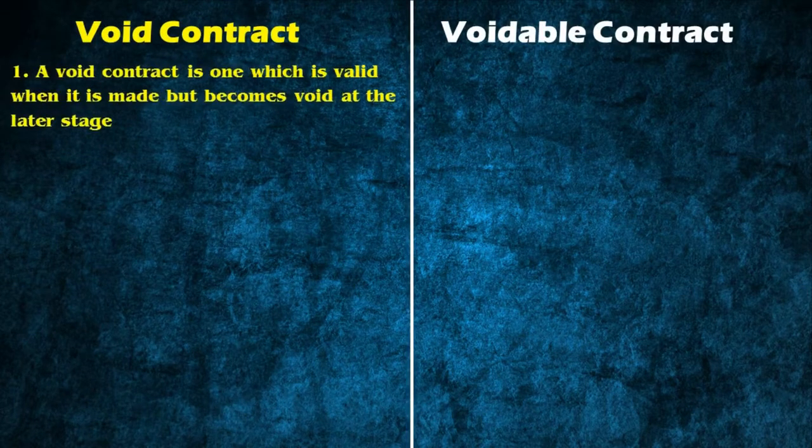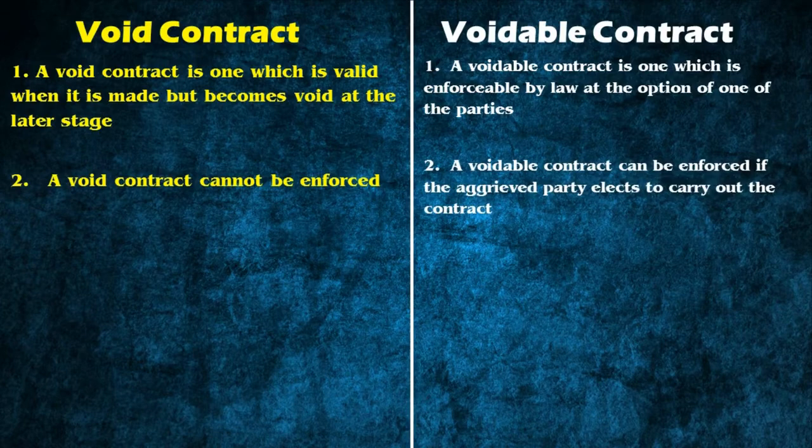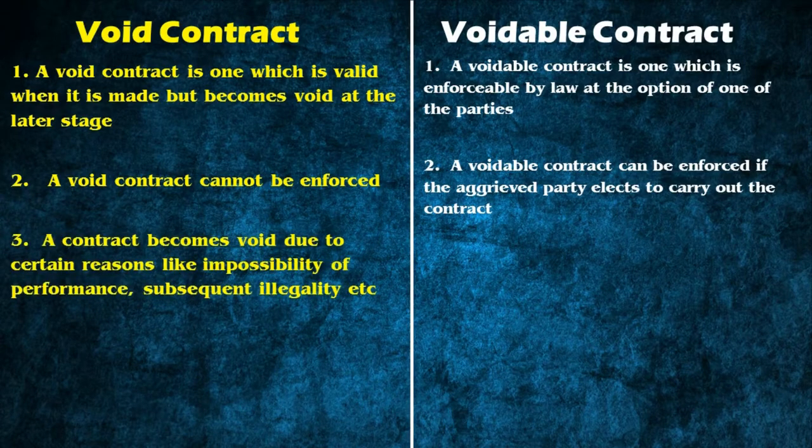1. Void contracts. A void contract is one which is valid when it is made but becomes void at a later stage. Voidable contracts. A voidable contract is one which is enforceable by law at the option of one of the parties. 2. A void contract cannot be enforced, whereas a voidable contract can be enforced if the aggrieved party elects to carry out the contract. 3.